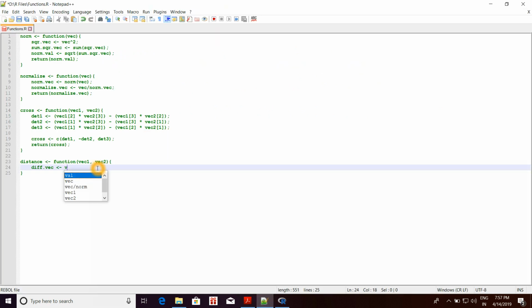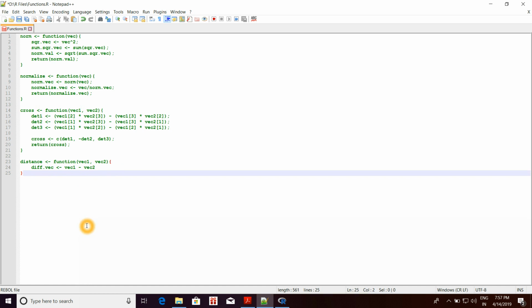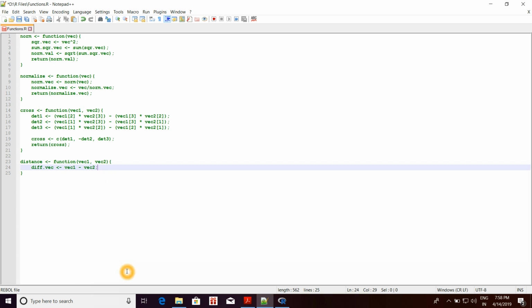So it will be vec1 minus vec2. As I already stated in previous lectures, the arithmetic operators can be used on vectors also, like scalars.